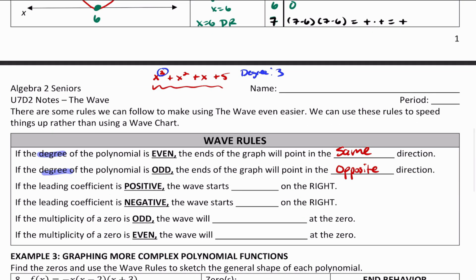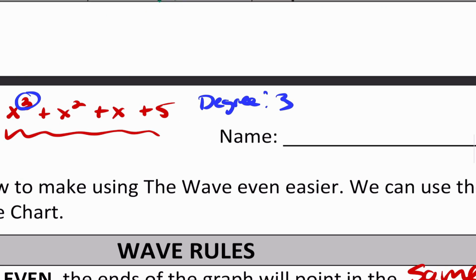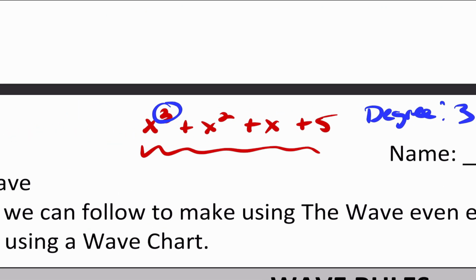Now, if the leading coefficient is positive, the wave starts up on the right. If the leading coefficient is negative, the wave starts down on the right. And when I talk about the leading coefficient, I'm talking about the number that is attached to the variable with the largest exponent, or with the highest degree.